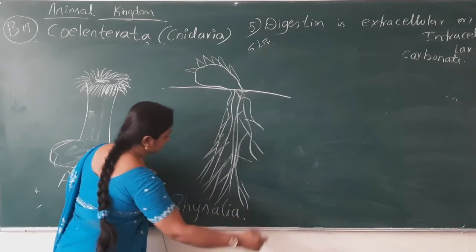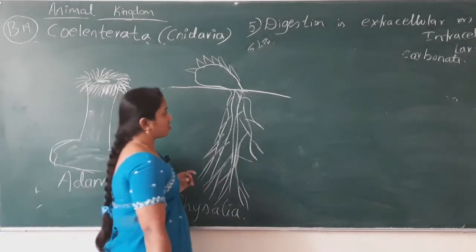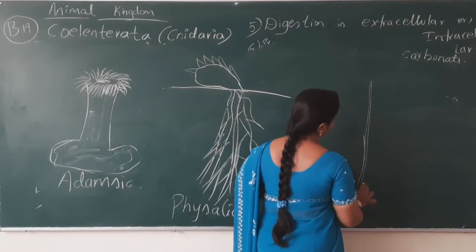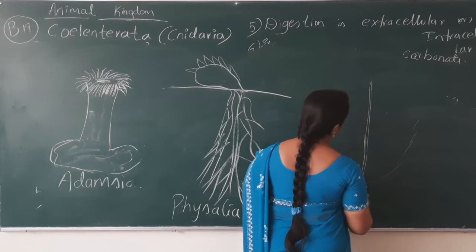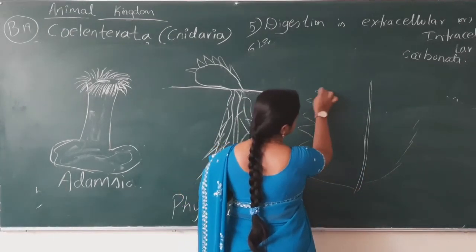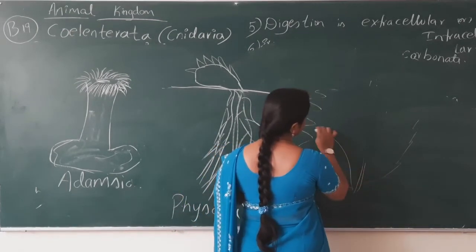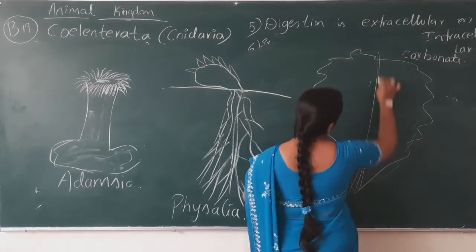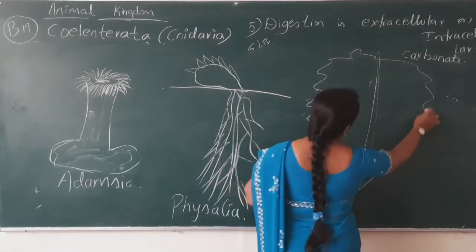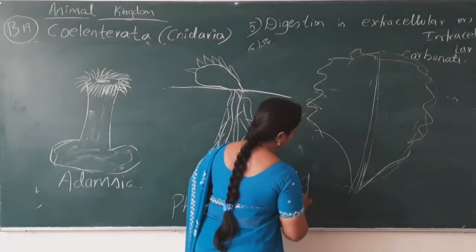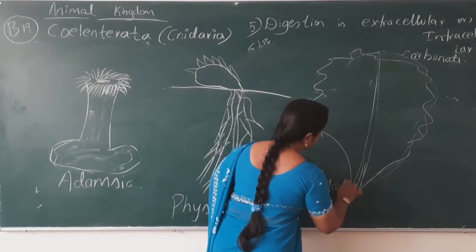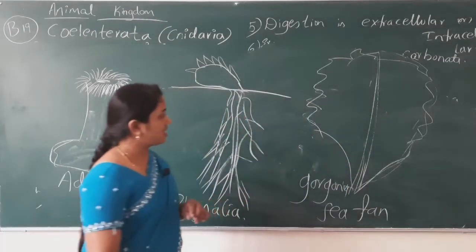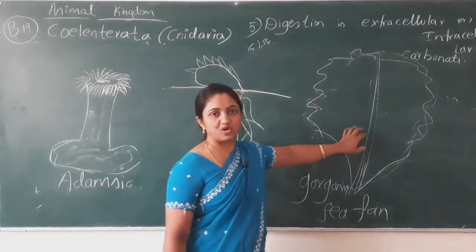Physalia. Common name is Portuguese man of war. And let me draw the next. Somewhat the Gorgonia, a sea fan, looks like that, and the sea fan is a polyp form.